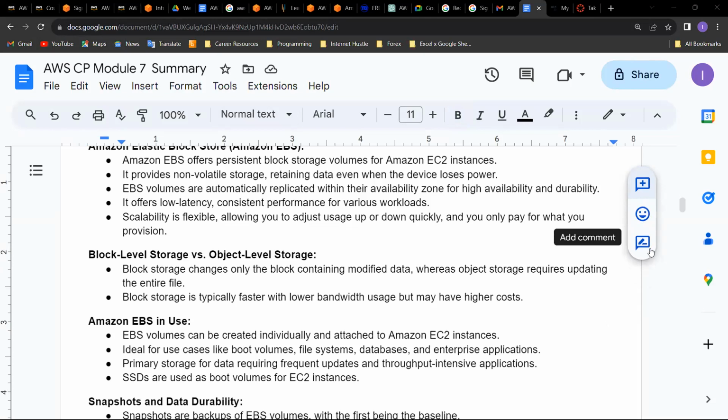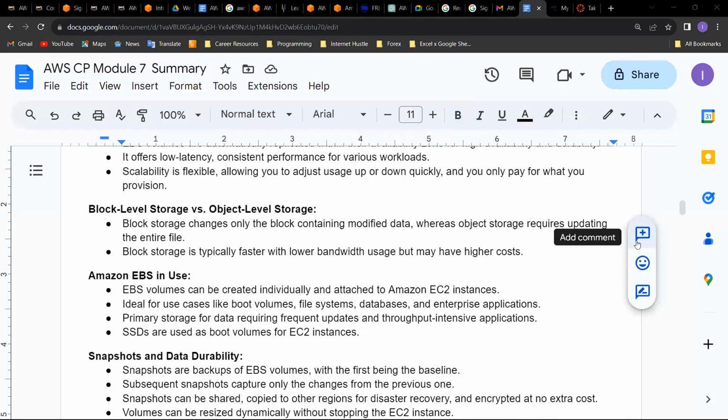And we were supposed to even talk about S3 before we talk about block storage. I mean, block level storage and then object level storage. But as I explained earlier, for block storage, you only change the block containing the modified data, right? So it doesn't affect the whole volume. And for object storage, when you want to update a file, you have to update the entire file, right?